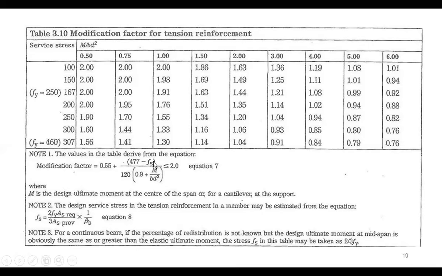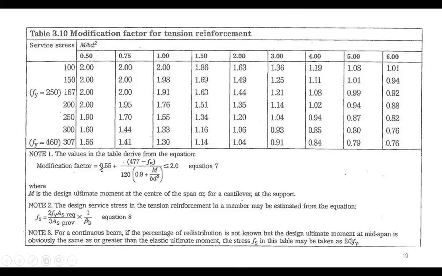How much is this stress, Fs? Also, what is M? M is the maximum positive moment, not negative moment, because the deflection will be at the span, not at the support. So this M here is the maximum positive moment. B, as you know, is 1000 millimeter for slabs, and d is the depth of the slab.